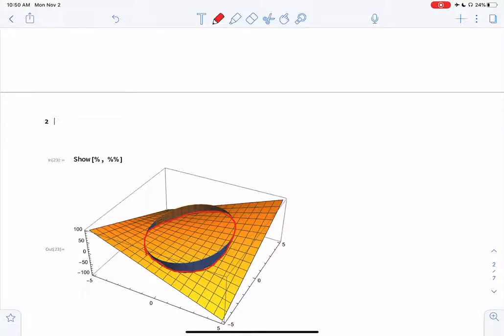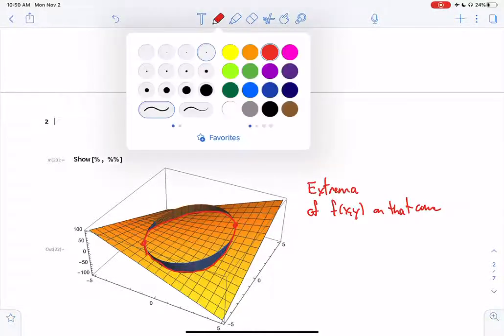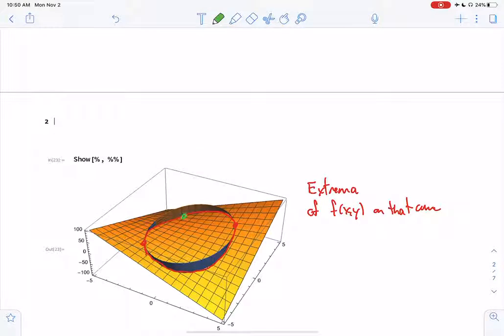Essentially this becomes a curve, and what we want is the extrema of f(x,y) on that curve. Geometrically, I can see that my maximum will be where my saddle is up, and my minimum, let's put them in green, will be where my saddle is down.